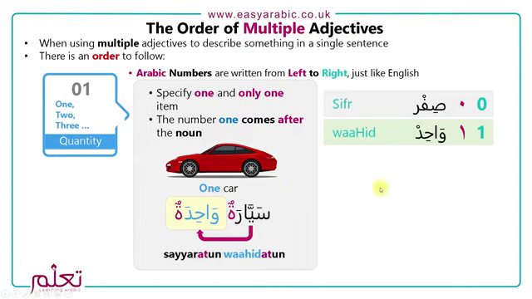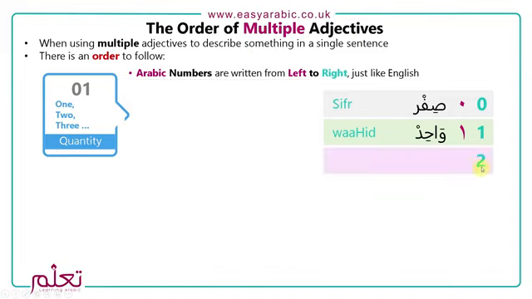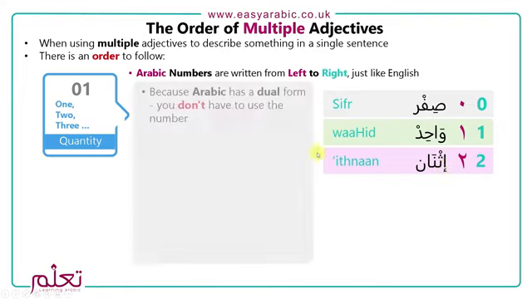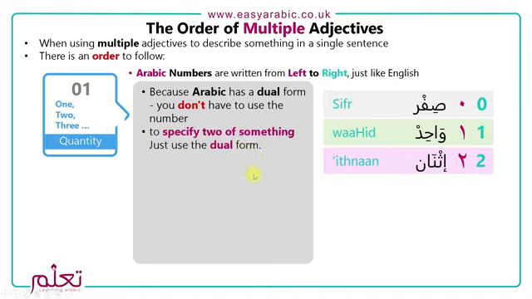So then we have number 2, which is ithnan. Now because Arabic has a dual form, we never really use the number 2 when we're talking about items, so you don't have to use the number. To specify 2 of something, we use the dual form, and this is what we did earlier on.